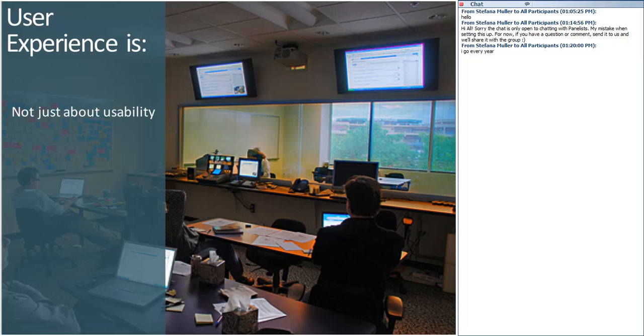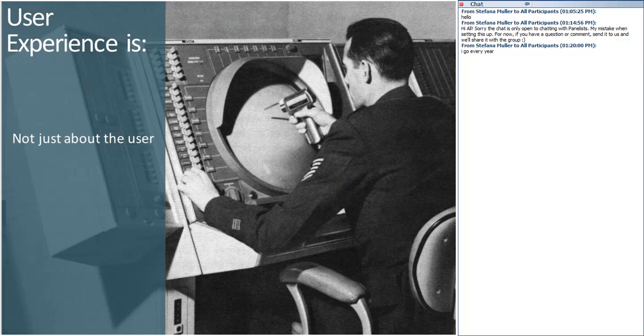Now, sometimes we find that the hypothesis we had was not correct, and that's why it's much better to test the usability of a prototype long before we actually go in and build out whatever it is that we're going to build.